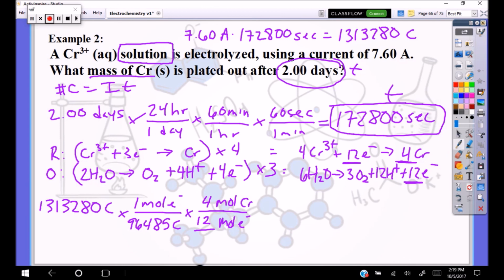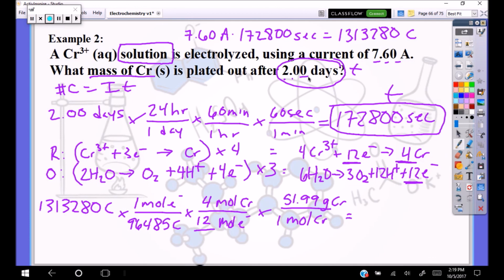Now that we're in moles of chromium, I can convert into grams of chromium. I need to use my molar mass of chromium, which is 51.99 grams. I want to use 3 sig figs because I've got 3 sig figs here and 3 here, so that is my smallest amount.